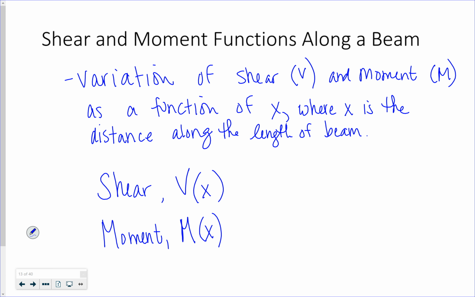And very rarely will axial actually vary along the length unless you have some type of loading along the length of the beam, an applied axial loading, a discontinuity, or if your cross section changes over the length of the beam.